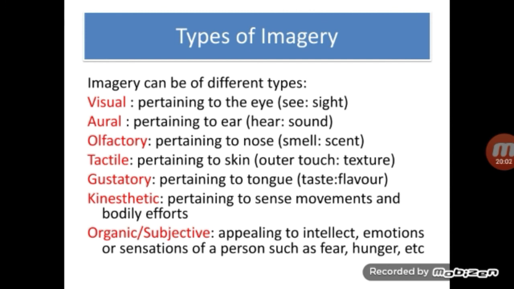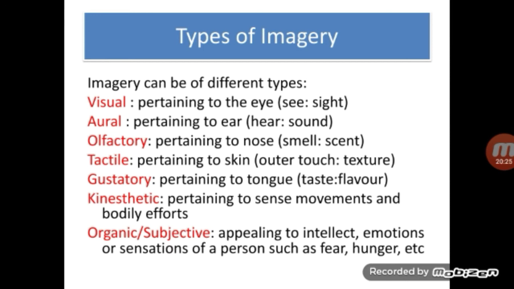Let's see the types of imagery. We already talked about different types of imagery in our discussion on image. So here are the different types of imagery listed. Number 1, visual: visual imagery relates to sight, or seeing things.